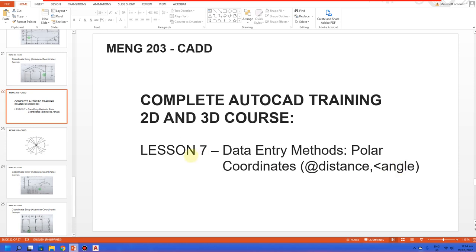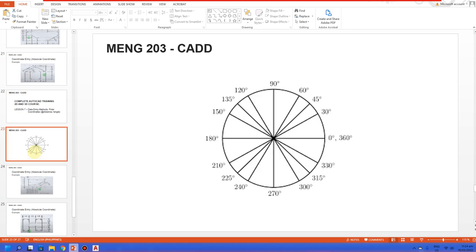So it is somehow similar to our relative coordinate methods since our point varies depending on your newly created points. Since it is polar coordinates, it will focus on the different angles that we have.